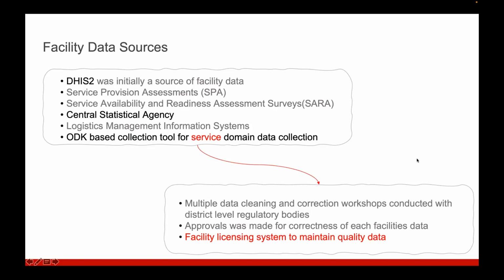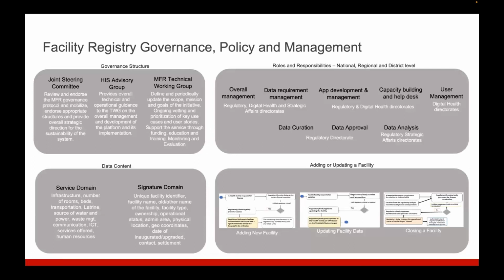The other important piece of successful MFR implementation is having a proper and ideal governance structure and document. We have this governance document endorsed by the Minister of Health, and it has multiple components. The first one is the governance structure, which lays out the administration within the Ministry of Health.